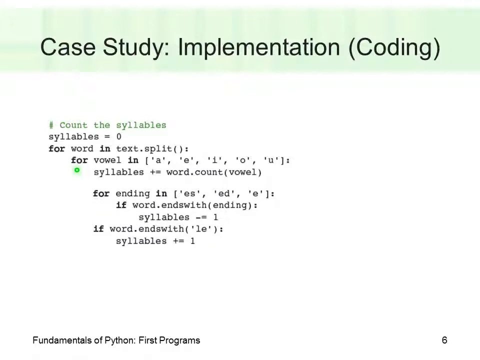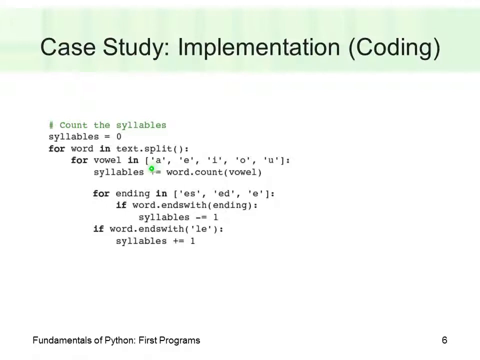Now we go to the inner for loop here, and what will we be doing? We'll be iterating now through a sequence of characters. Notice that here we're not using a range expression, we're not using a method to produce a sequence or a list.